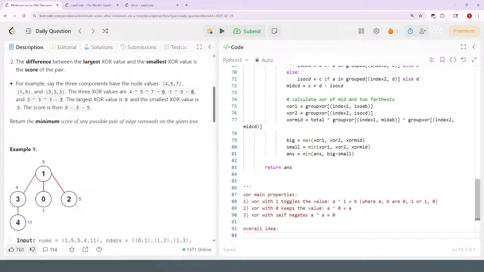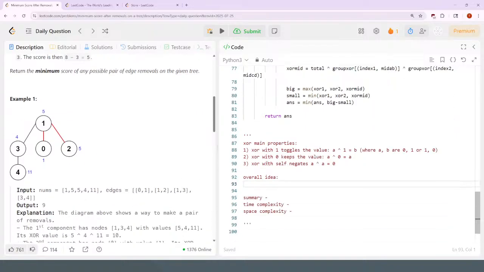The XOR value of a group: each node has a value itself, and you take the XOR, exclusive OR, of all the nodes that are connected. So for instance, if you remove these two edges, 11, 4, and 5 are the values of the nodes that are connected here, and you take the XOR of 5, 4, 11 to get the XOR value of this group. The XOR value of this group, being one node of value 1, is just going to be 1, and this one is just going to be 5.